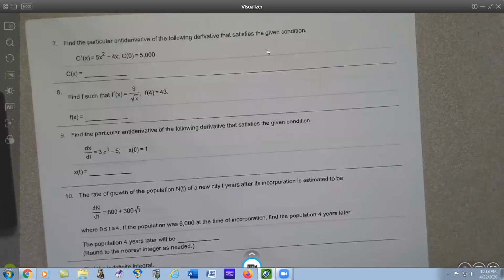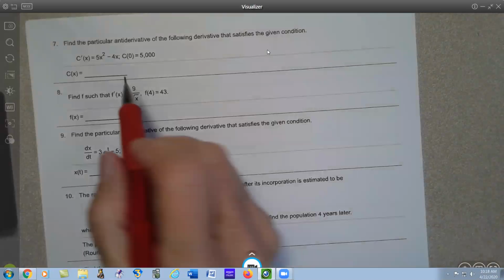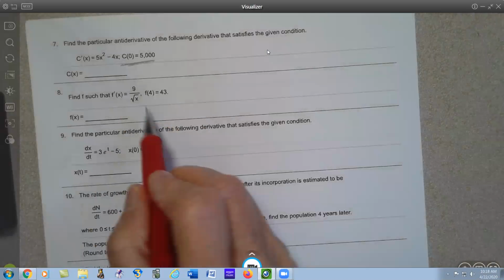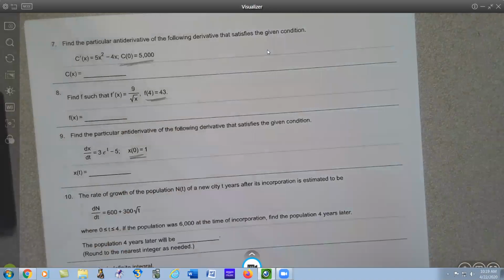On problems, looks like 7, 8, 9, and 10, you're going to have to integrate. And once you integrate, notice they're giving you a point on this. And here, if the population was 6,000 at the time of incorporation, so that would be 0 years. So I'd have a point there.